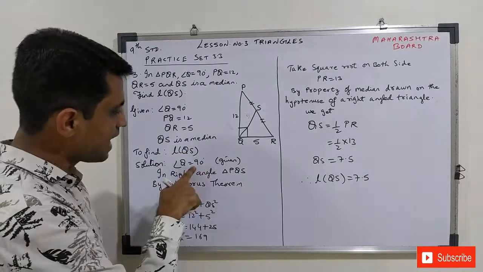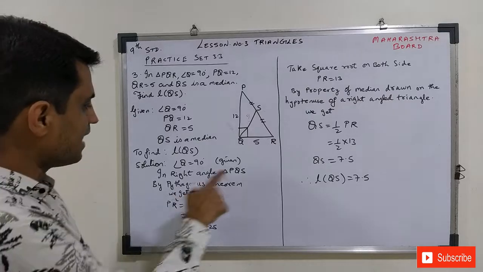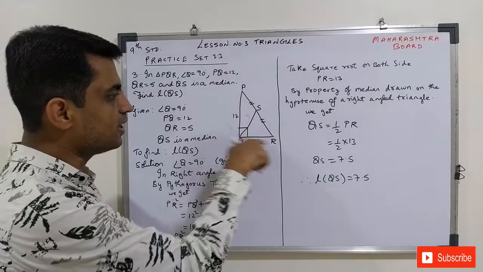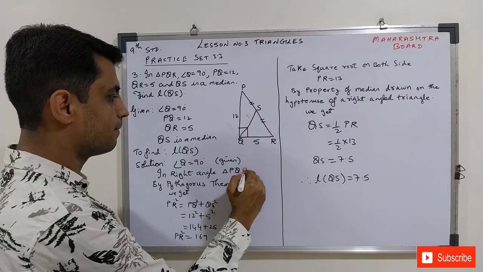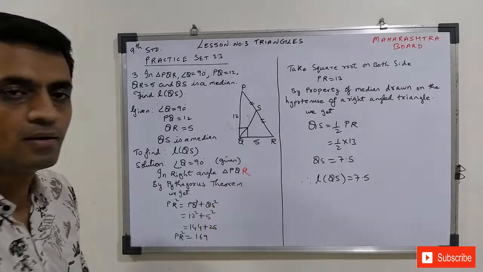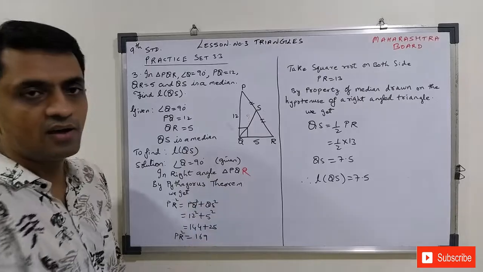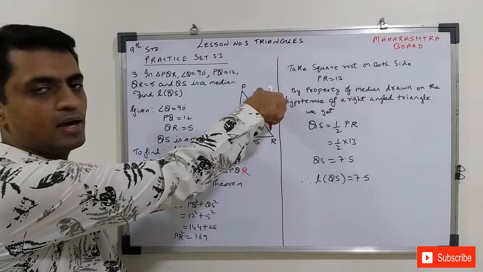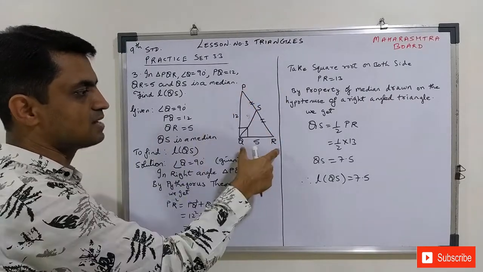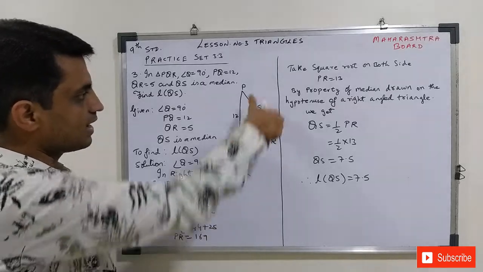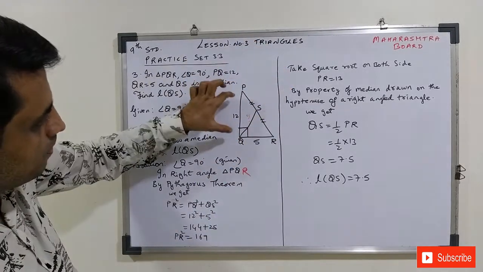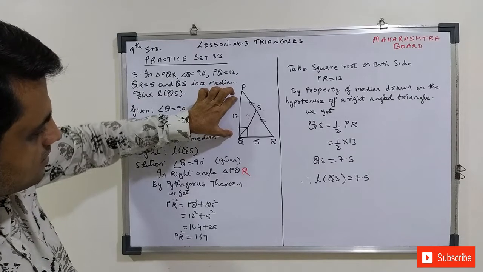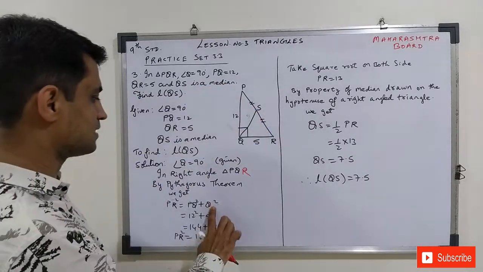Now angle Q is 90 degrees. So in the right angle triangle PQR we can apply the Pythagoras theorem. What do we get? Hypotenuse square is equal to one side square plus other side square. So PR square is equal to PQ square plus QR square.